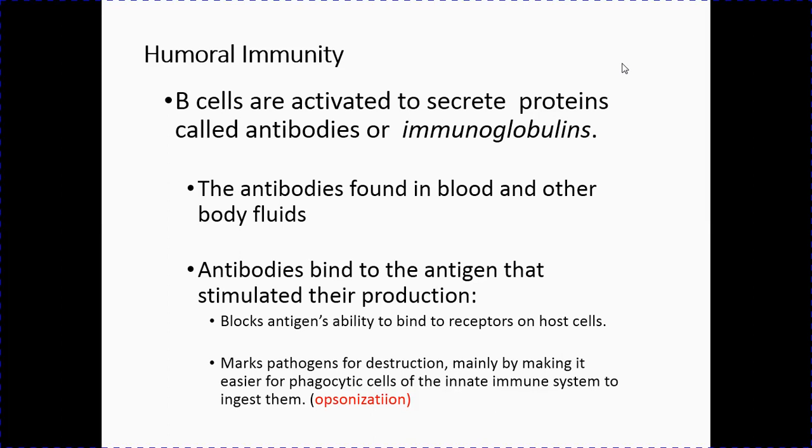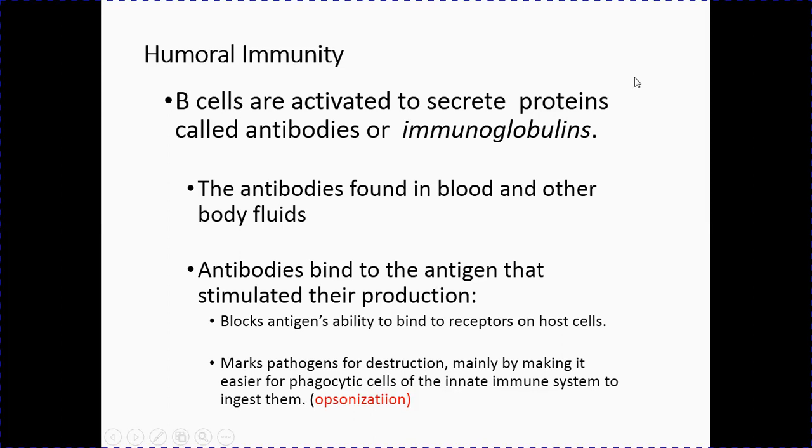What does this binding of antibody to antigen cause? Well, one of the things it can do is block the antigen's ability to bind to receptors on a host cell and then cause damage to the host. So by covering up that little triangle antigen with antibody, that antigen is no longer available.